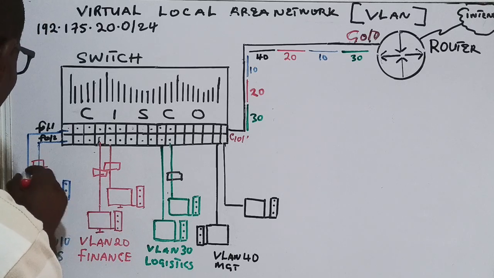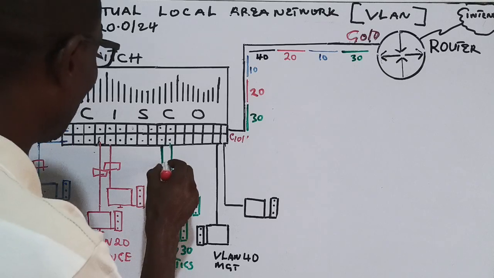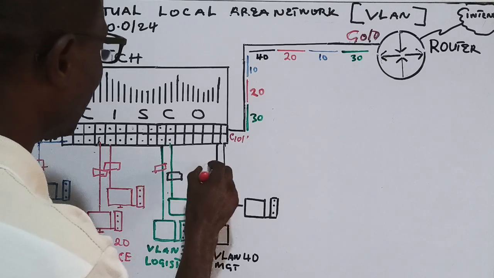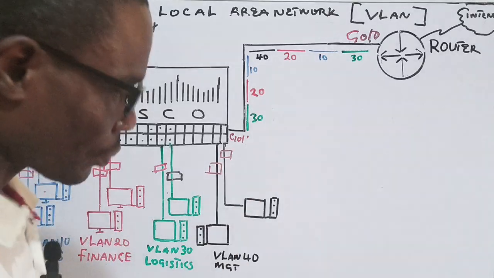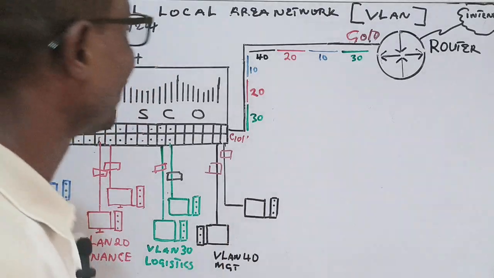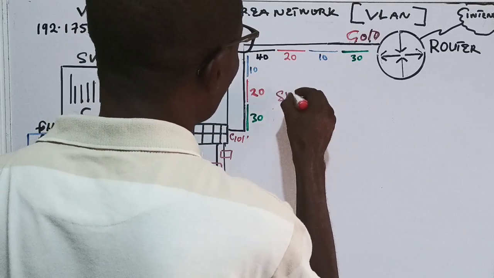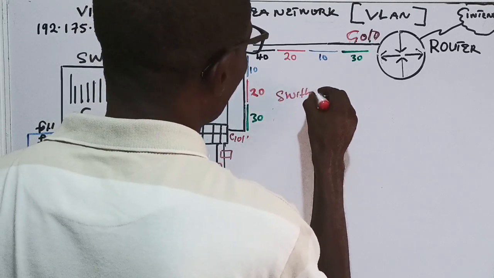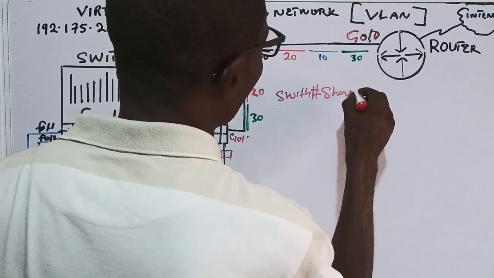These are the IP phones. They connect using one wire, and that is why you are enabling this on the same interface. Now you have created this. Now you go end to come to switch privilege mode, where you do show VLANs.